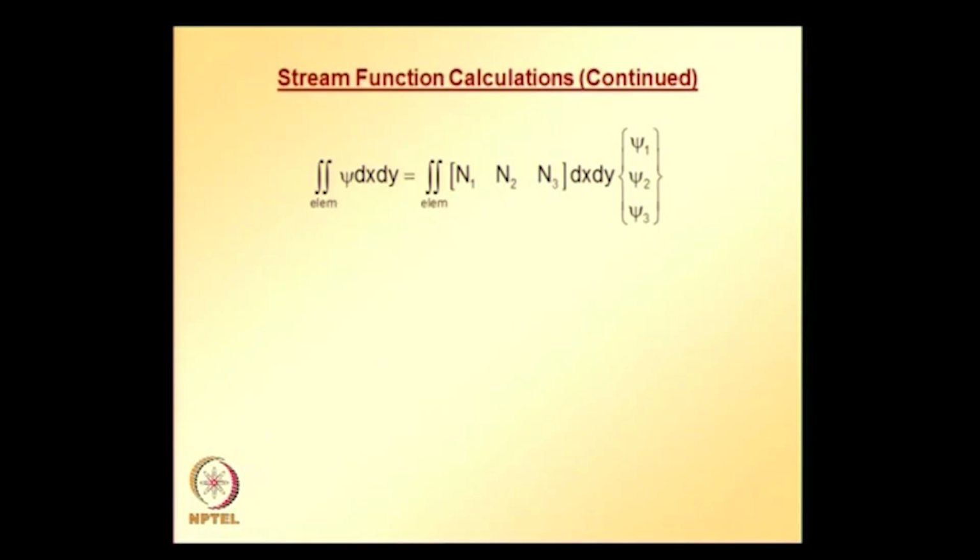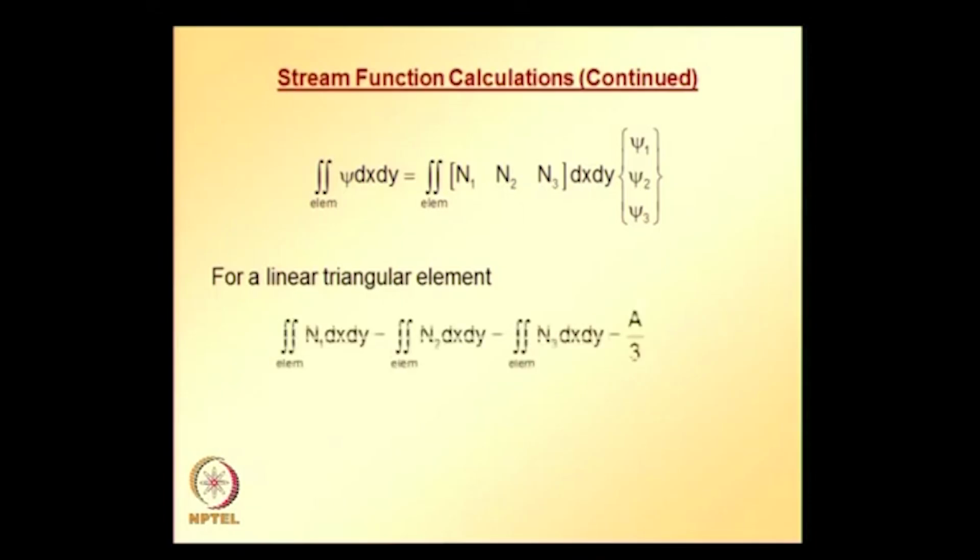The nodal stream function values psi 1, psi 2, psi 3 are constant, so they can be taken out of the integral, and once we simplify this integral with N1, N2, N3 integrated over dx dy, or the entire area of the element, for a linear triangular element these integrals turn out to be the area of the triangle divided by 3.